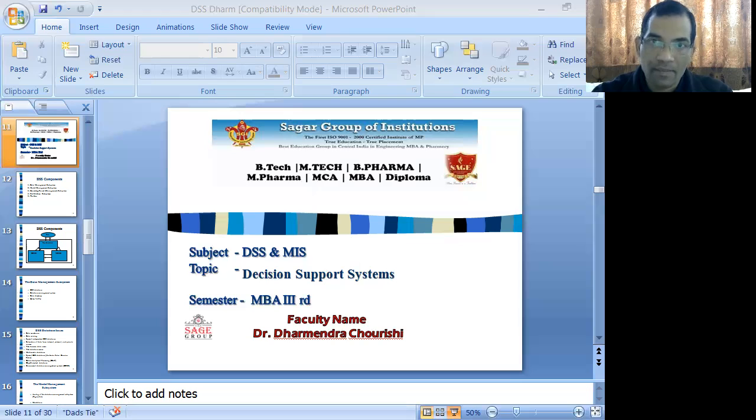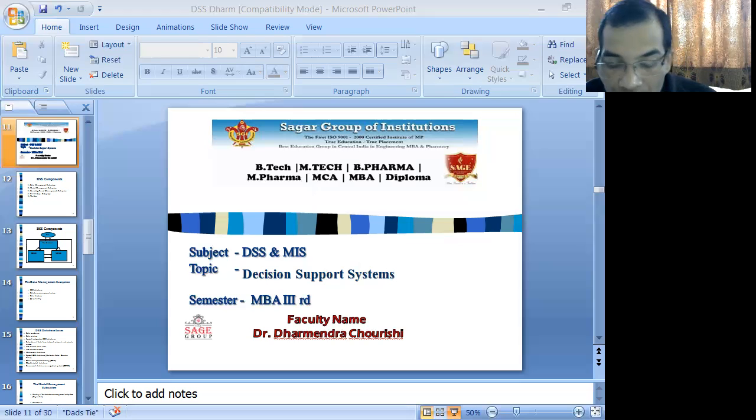Some other subsystems, knowledge-based subsystems. It provides expertise in solving complex or unstructured problems. Sometimes we need to work on some logical problems which need some expert system. That's why it's called a knowledge-based system.